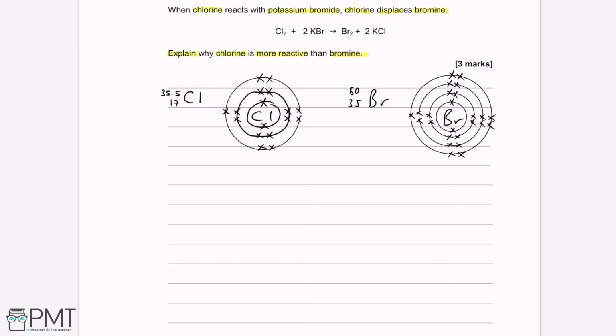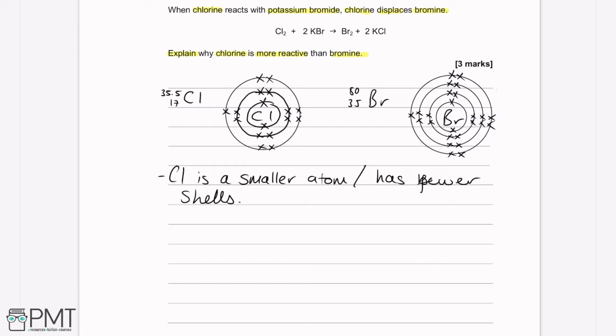And that's actually worth your first mark. So I'm going to write that chlorine is a smaller atom. I could have also written something along the lines of, it has fewer shells, or energy levels.